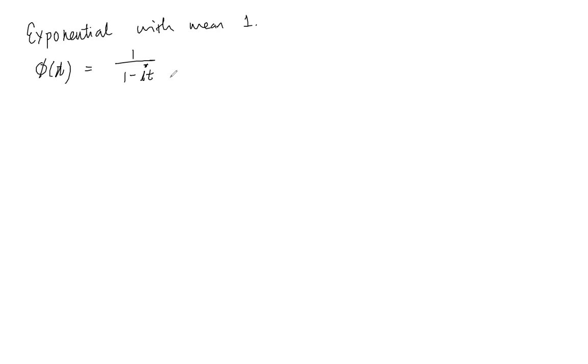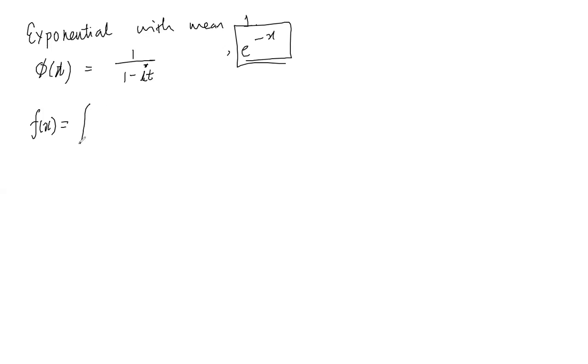You can check that easily, so that's left as an exercise. So our goal is to use the inversion formula to find the density, which of course we know is just equal to this form. We just want to test out the inversion formula.